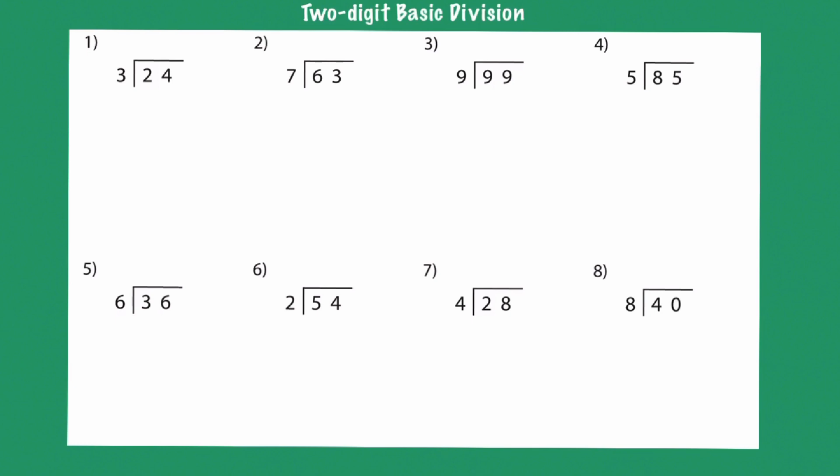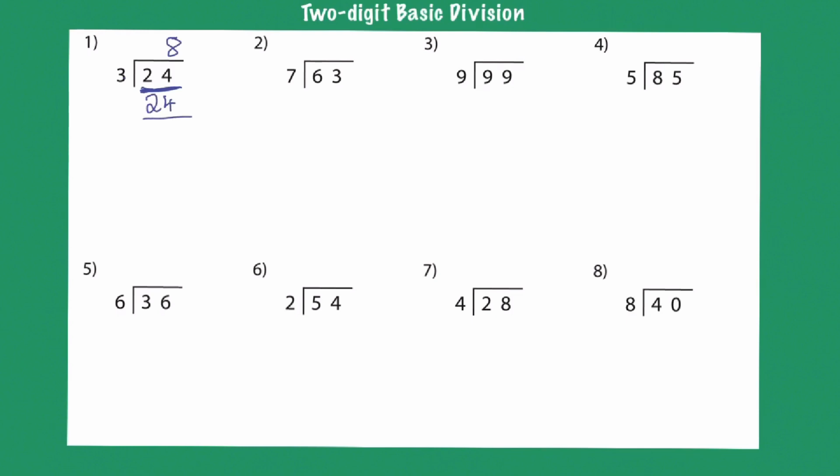Usually we see if 3 times this number fits in, but nothing fits in, so we look at these two numbers as a whole. What times 3 gives me 24? We all know that 3 times 8 gives me 24.